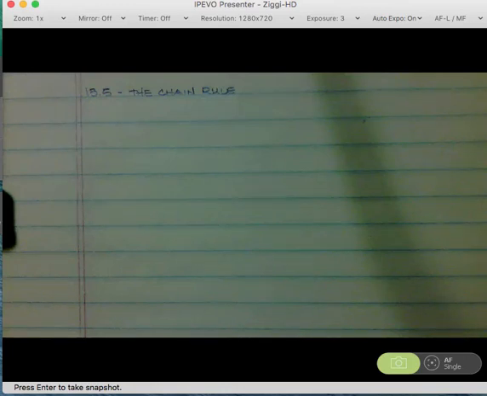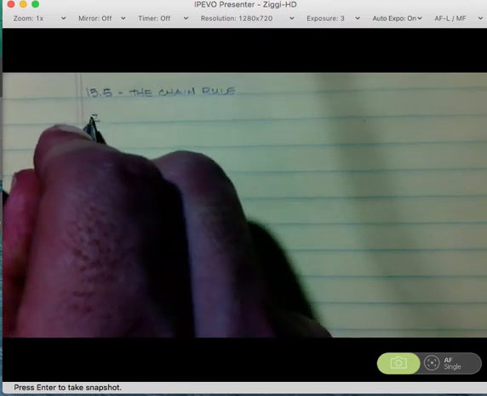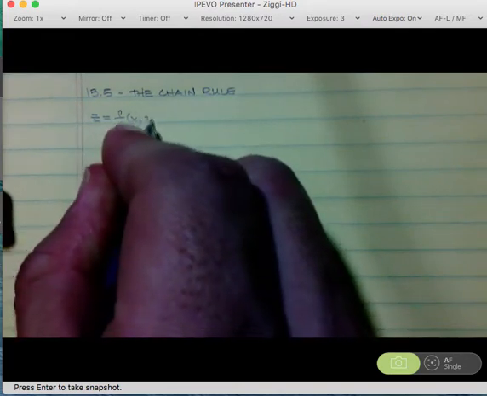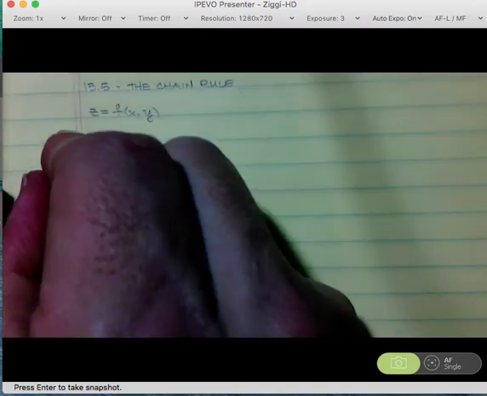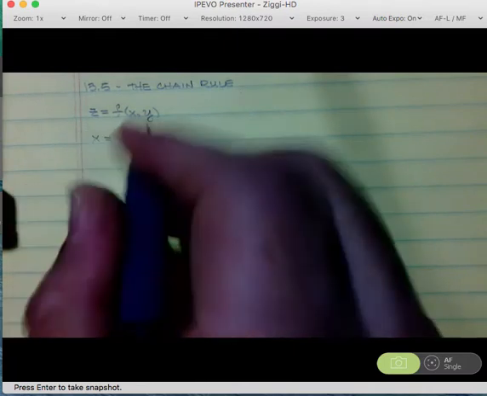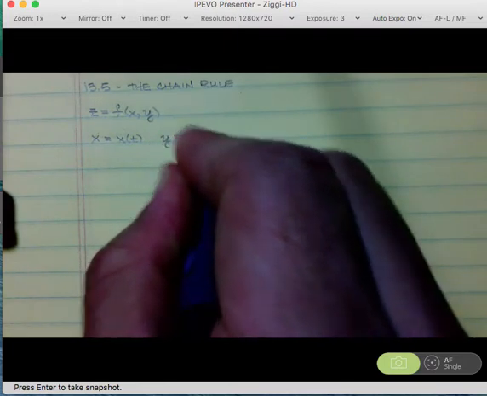So let's now talk a little bit about the chain rule. And we'll begin by assuming that z is a function of x and y. And let's say that x is a function of t and y is also a function of t.